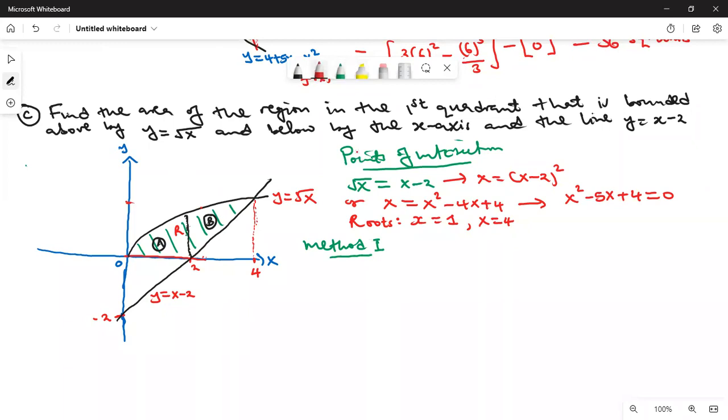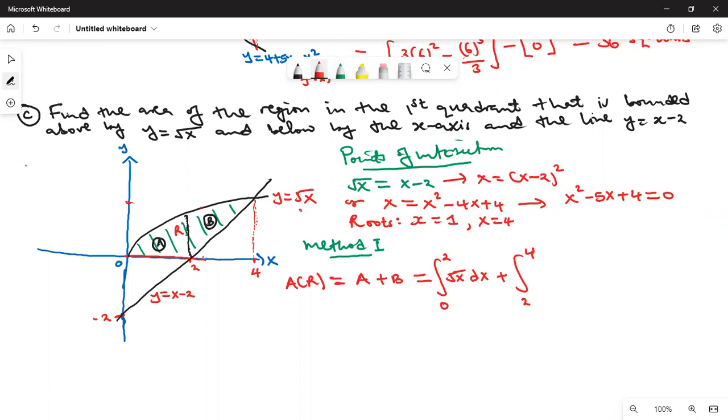Is when you say area of the region R is area A plus area B. Now area A is the integral from 0 to 2 of root x dx, plus the other area, now from 2 to 4, of, now we have two curves there, root x and also x minus 2.